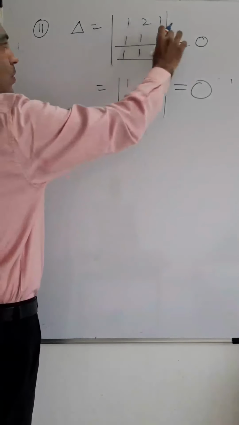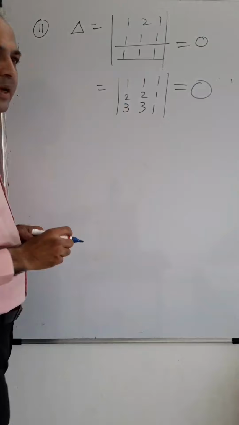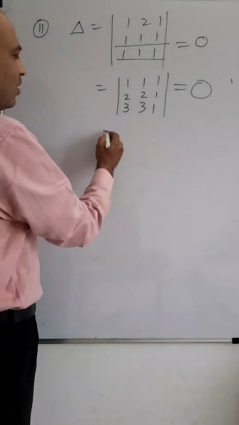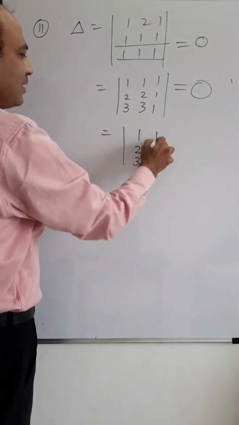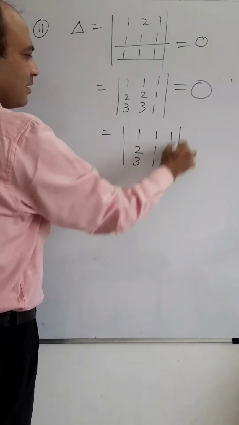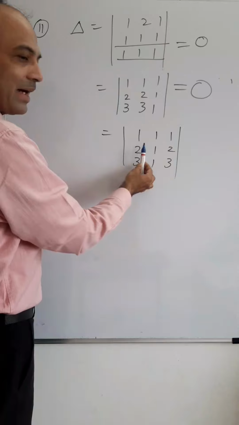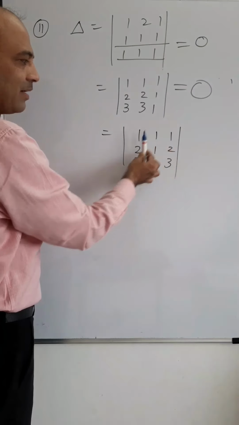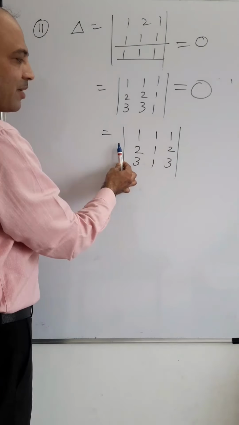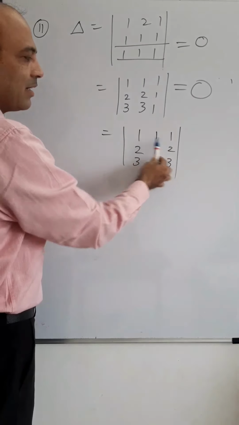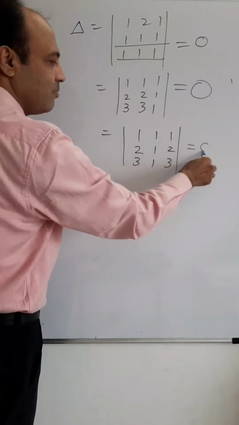It can be adjacent also, or suppose I have written it this way. The 2 columns are the same, but not adjacent. You can make them adjacent by shifting this column here, a minus will come. But at the end, the 2 columns are equal, so the value is going to be 0.